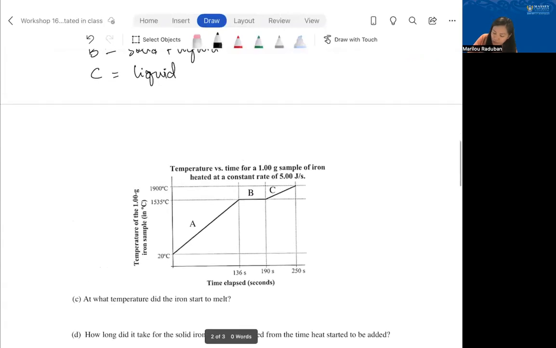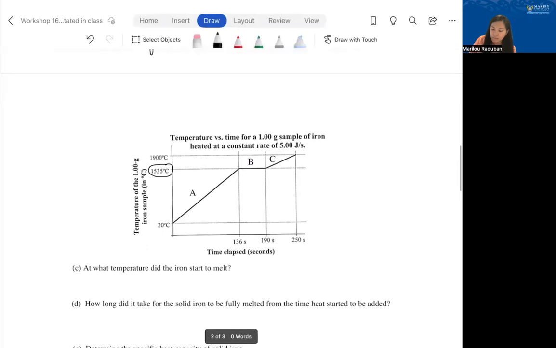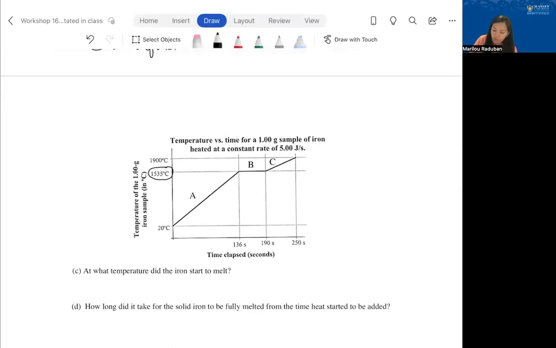That means at that temperature, iron is melting. So the melting point of iron is 1,535 degrees Celsius, which you converted to 1808 Kelvin in the earlier question.